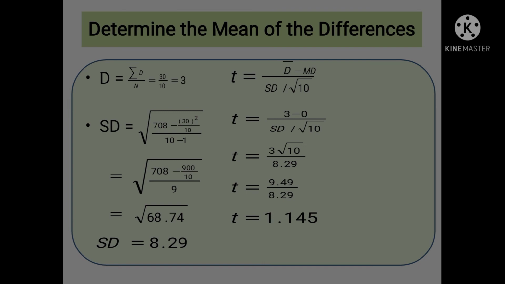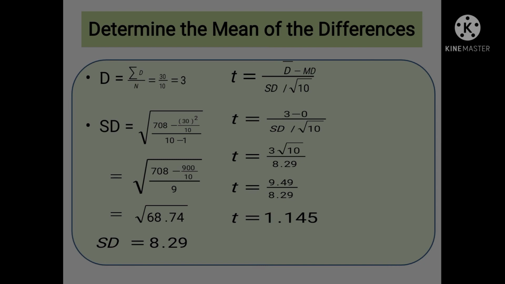The sample standard deviation is equal to the square root of 708 minus 30 squared over 10, all over 10 minus 1. 708 minus 910 all over 9 is equal to the square root of 68.74, which equals the sample standard deviation of 8.29.